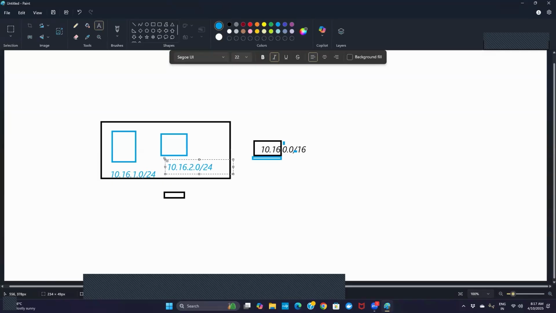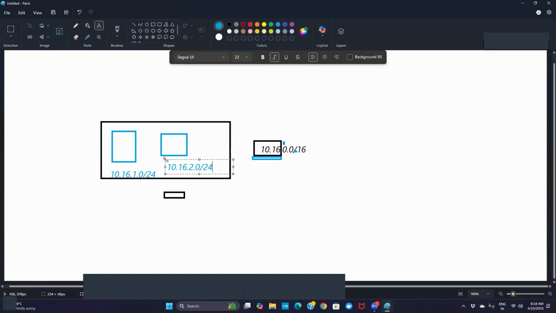Now, anyone tell me, in this particular subnet 10.16.2.0/24, how many IPs will we get? How many IPs can we accommodate in this? Any idea?